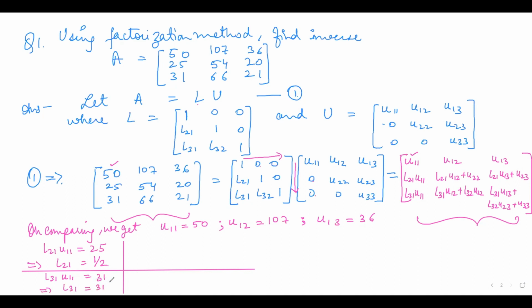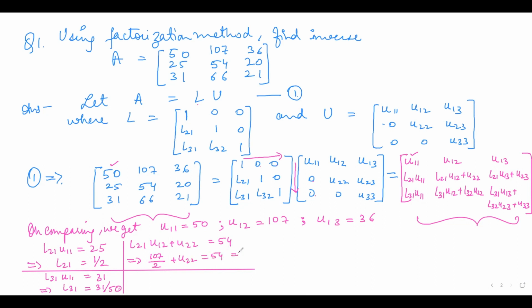So I'll write here 31 upon 50. There is no cancellation. Now next L21 U12 plus U22 is equal to 54. I know the value of L21, I know the value of U12. I'll just substitute. So I am getting here 107 upon 2 plus U22 is equal to 54.